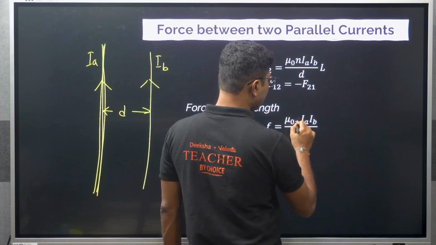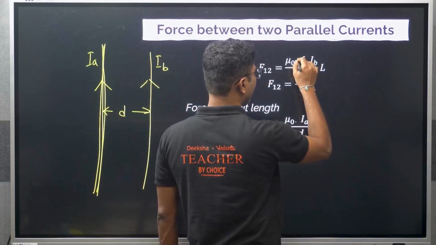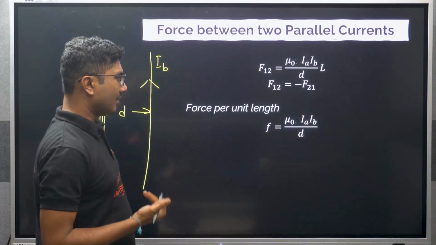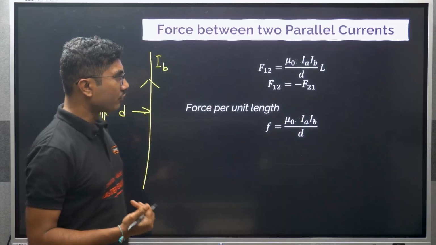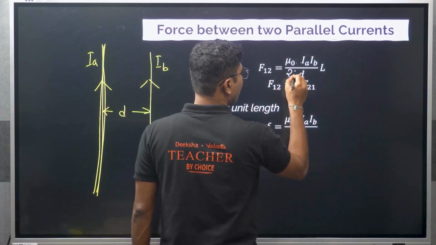For a loop it is fine, but not for a straight wire. So mu naught Ia Ib by d into L is the formula for force between two parallel current carrying wires. There will be a 2 pi.